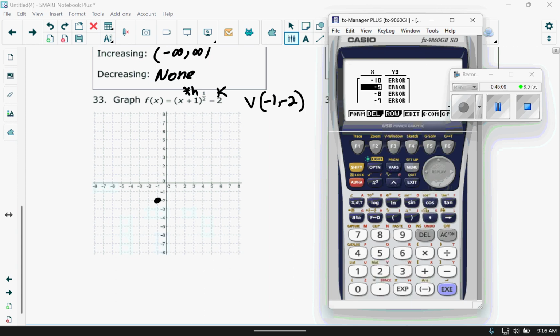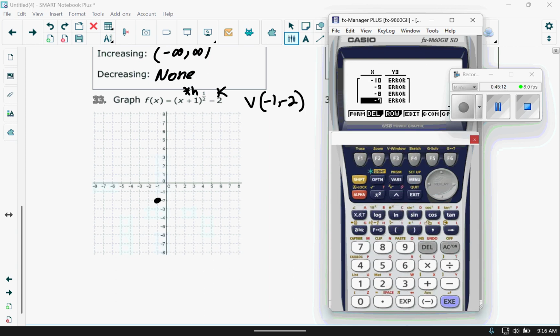So this one still has a bunch of errors. You're going to see the first point that actually works is at -1, -2. The reason for all those errors is that if you go to the left of this point, it gives you a negative inside of a radical, so it doesn't work.